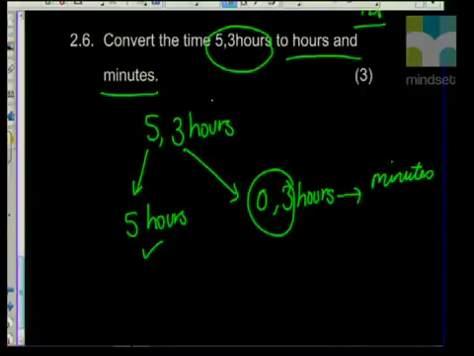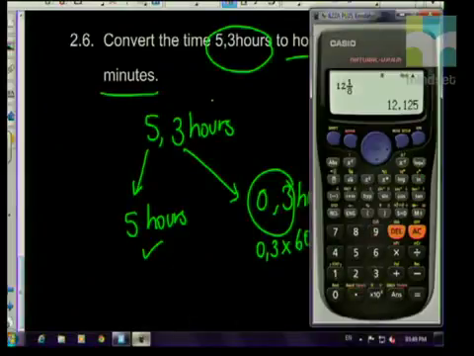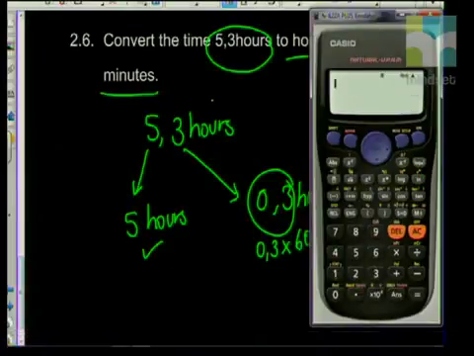Remembering that there are 60 minutes in an hour, in order to convert this from hours to minutes, I'm going to times this by 60. So I would get my calculator out and say 0,3 times 60 equals 18.